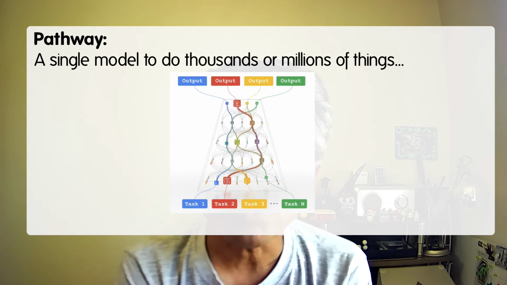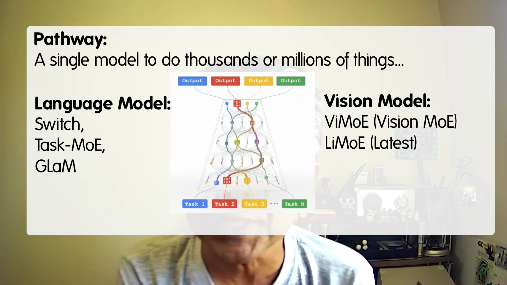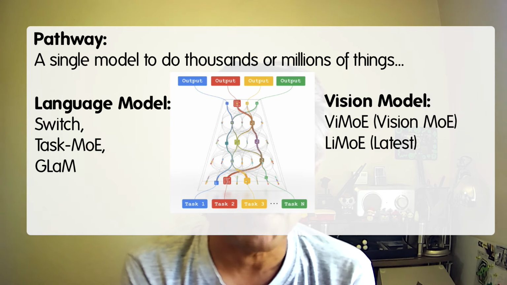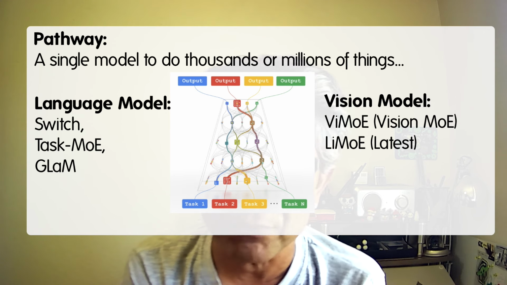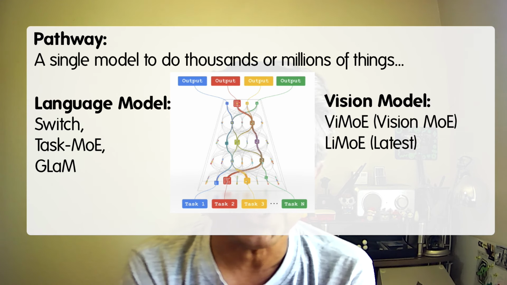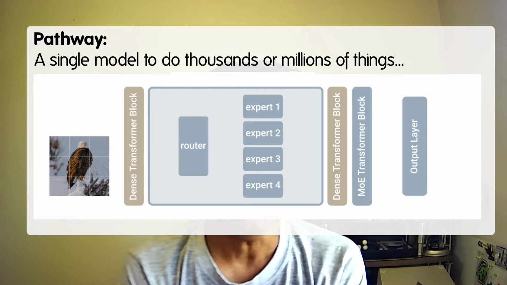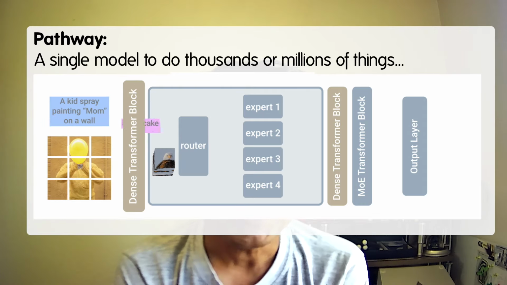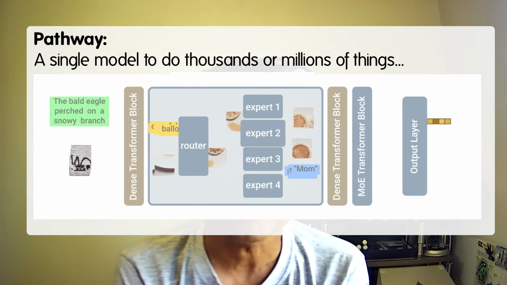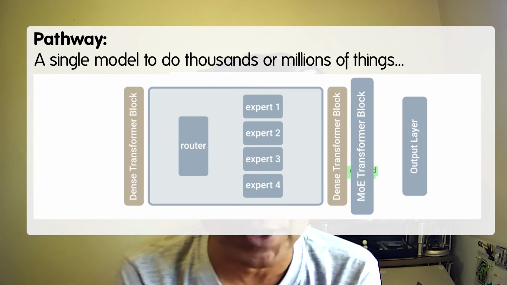Sparse unimodal models for language are already available, such as Switch, Task MoE, and GLaM. If we look into Pathways models for computer vision, we can find that Vision MoE is also available. And very recently, you must have heard about LIMoE. In LIMoE, the sparse model is handling both text and images, meaning it adds multimodality, and that's the reason it is very important.